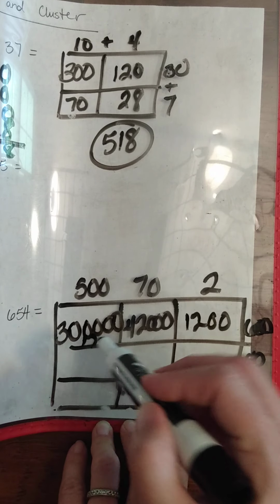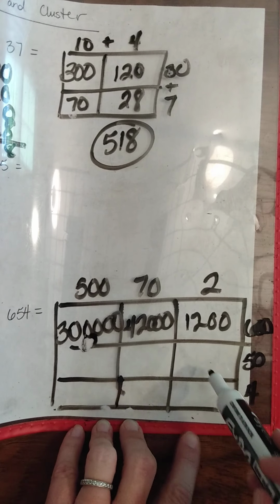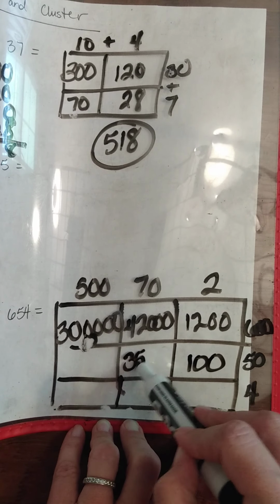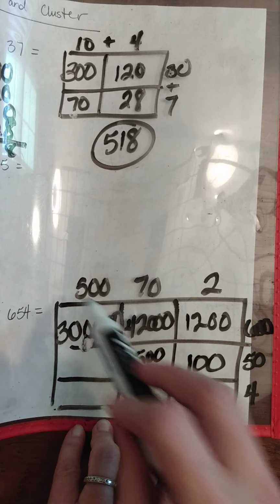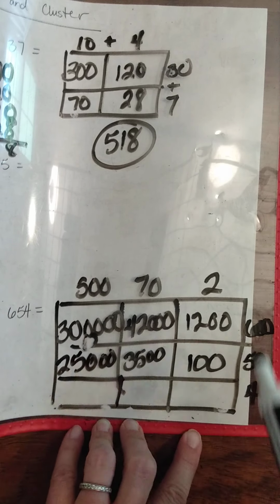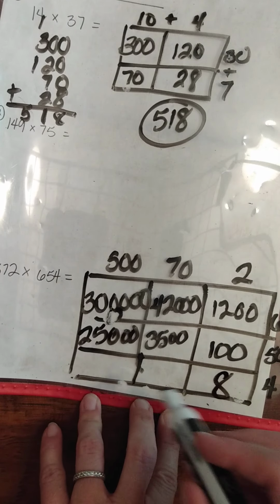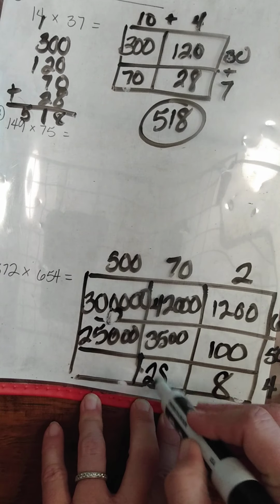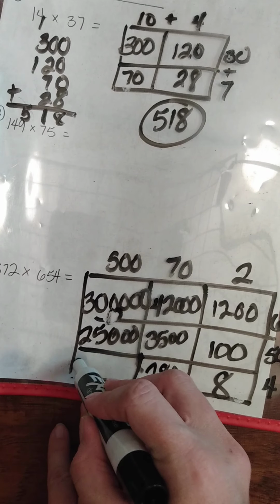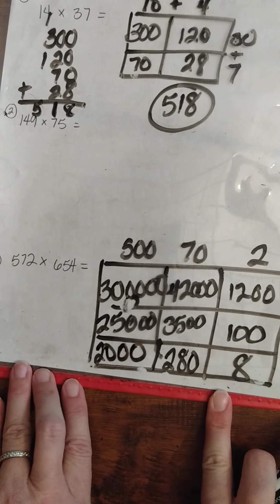So that makes it 300,000. 50 times 2 is 100. 5 times 7 is 35 with 2 zeros. 5 times 5 is 25 with 3 zeros. 2 times 4 is 8. 4 times 7, 28 with a 0, 280. And 4 times 5, 20. And then don't forget to add those last 2 zeros.